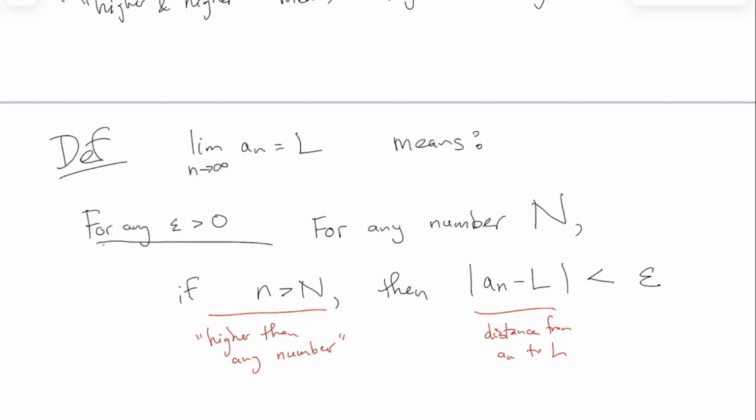I shouldn't have said for any number n. I should have said something else. This is a technical distinction, which is technically important, although the idea is the same either way. So the full interpretation of all of this, I'm going to try to scribble in here. This means the distance from a_n to L is smaller than any number.